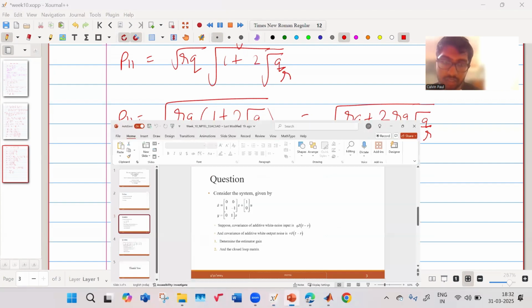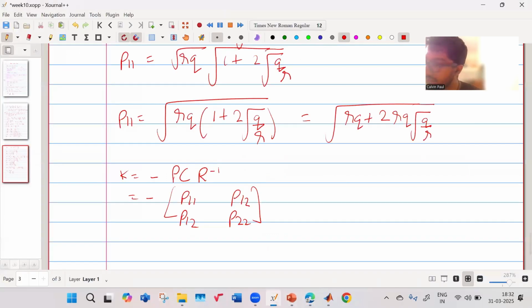C is 0, 1. R inverse is 1 upon R. So this becomes equal to 4 into column 1, 4.